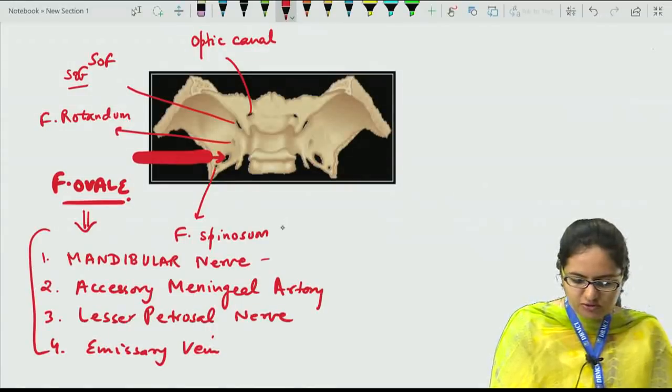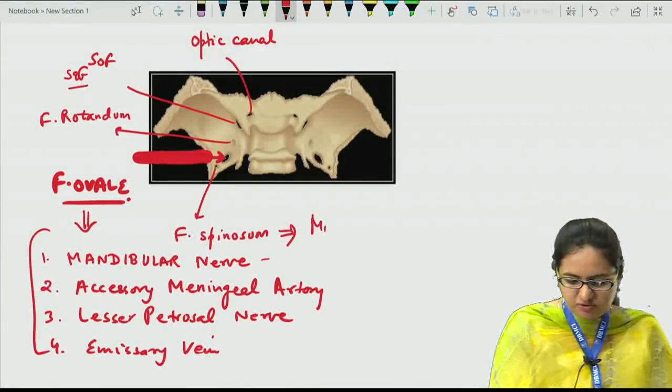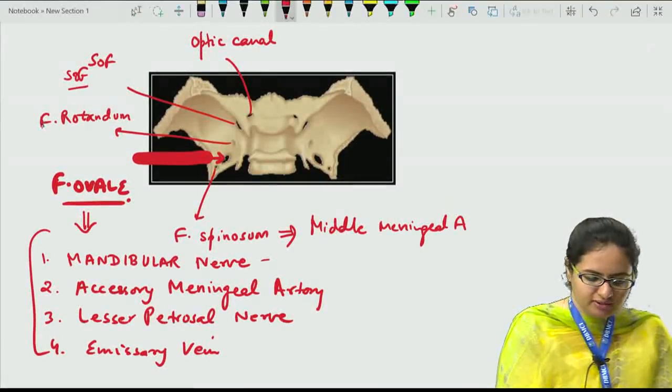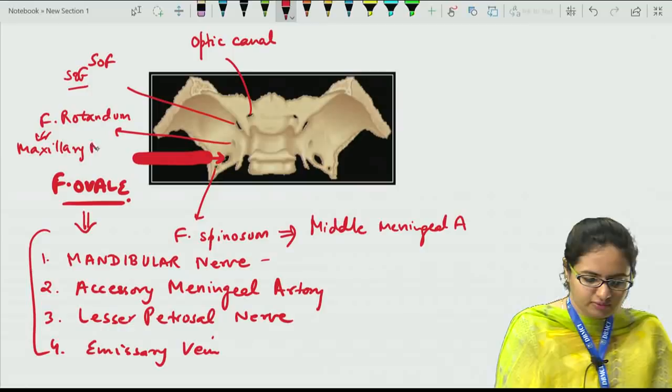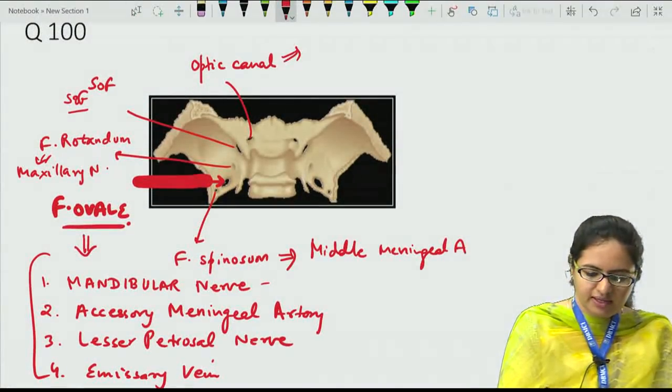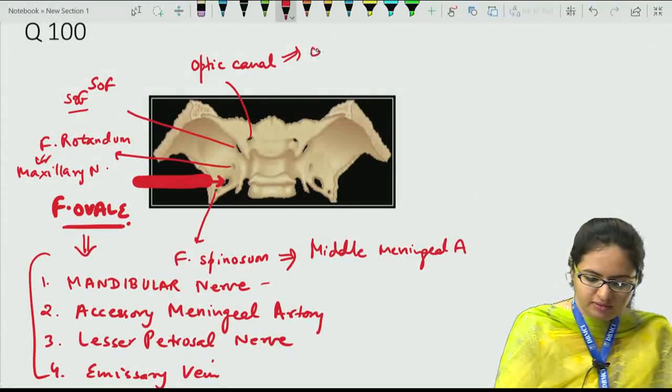Now the structure passing through the foramen spinosum is the middle meningeal artery. For the foramen rotundum, the main structure passing through is the maxillary nerve. Through the optic canal, there is the optic nerve and the ophthalmic artery.